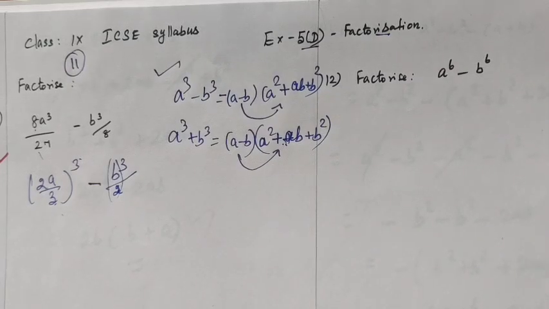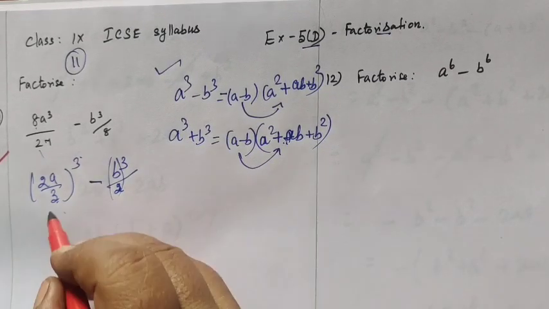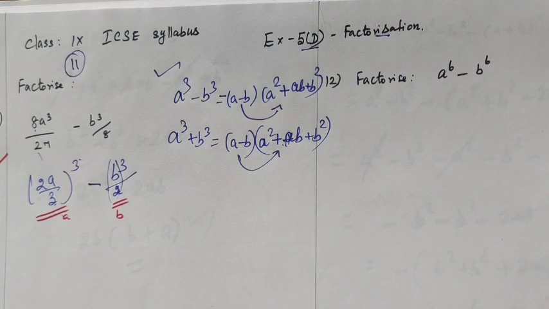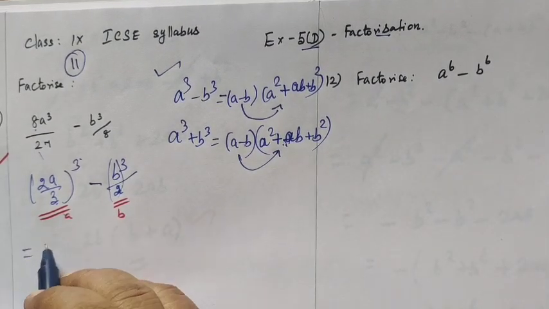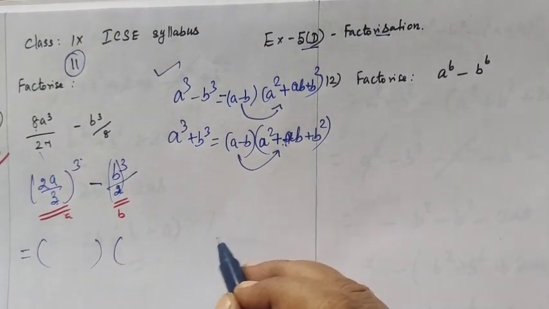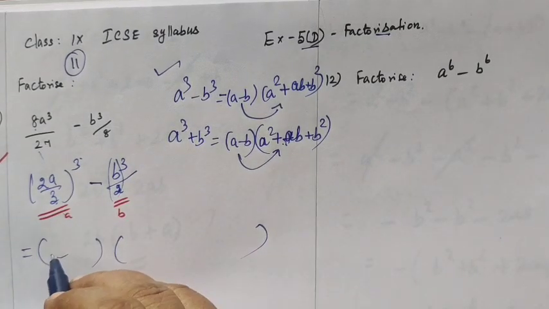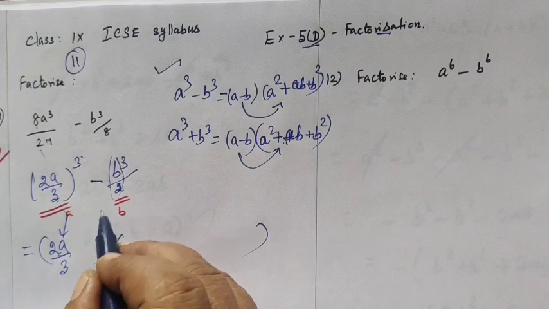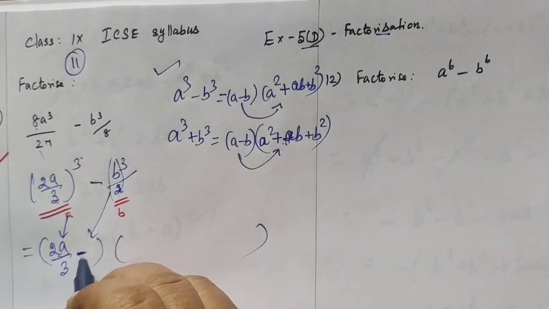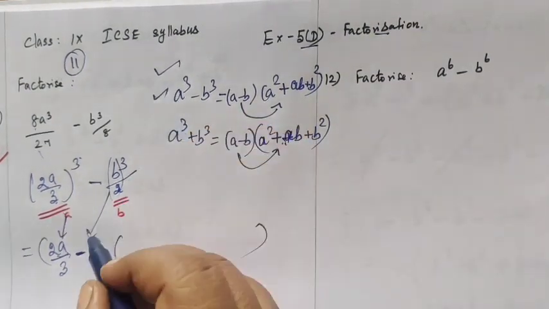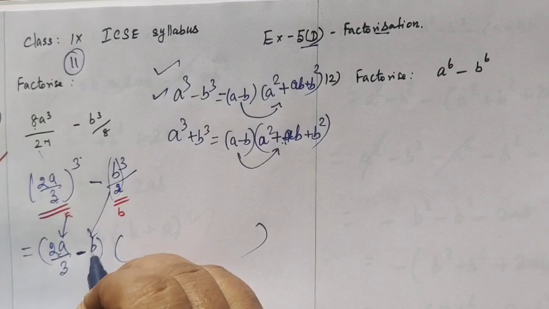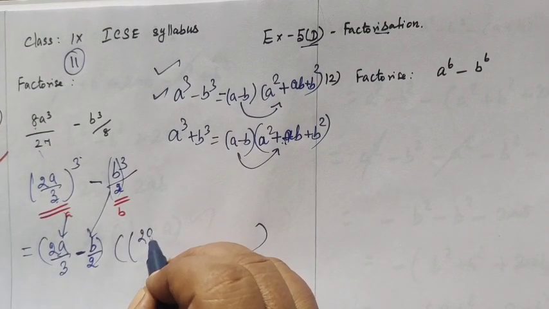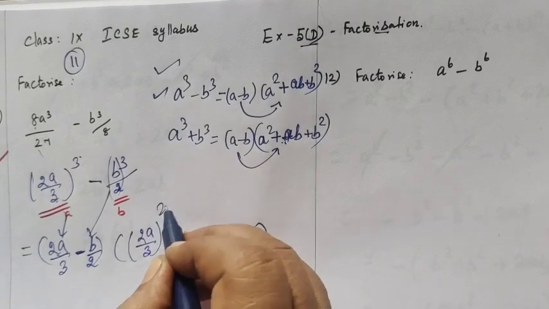So what is a? This is a and this one is b. Using the identity, a minus b, then a squared: 2a by 3 the whole squared.